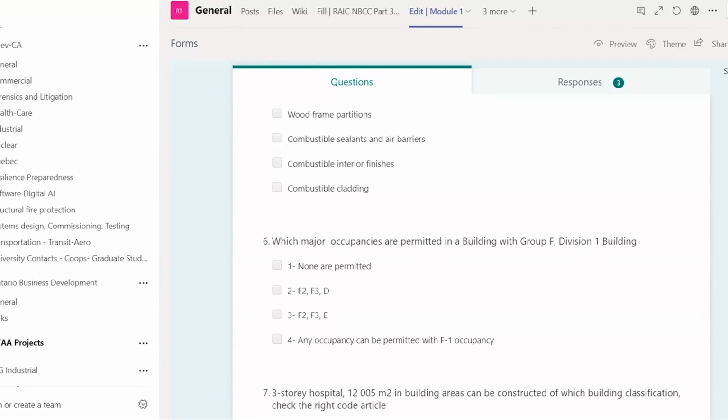Yeah. Okay. So for division 1, when you're looking at the beginning of 3.2.2, go back to the beginning of 3.2.2. This is the occupancy provisions. So under 3.1.